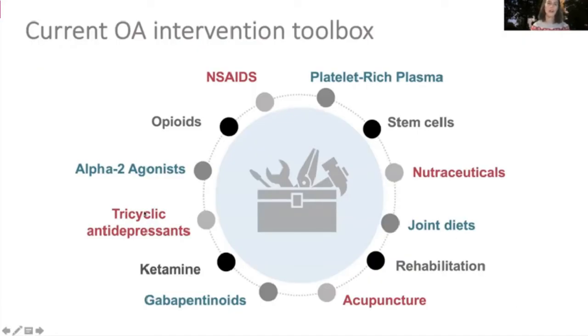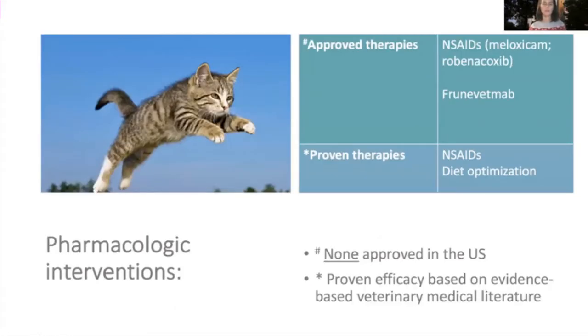I think probably all of you can pick out the ones that you're using from this list or maybe others. Tricyclic antidepressants like amitriptyline used a lot less, I think, than some of these others, but the big ones really being NSAIDs, gabapentin, and nutraceuticals and joint diets. But all of these being things that are available to us as part of our toolbox.